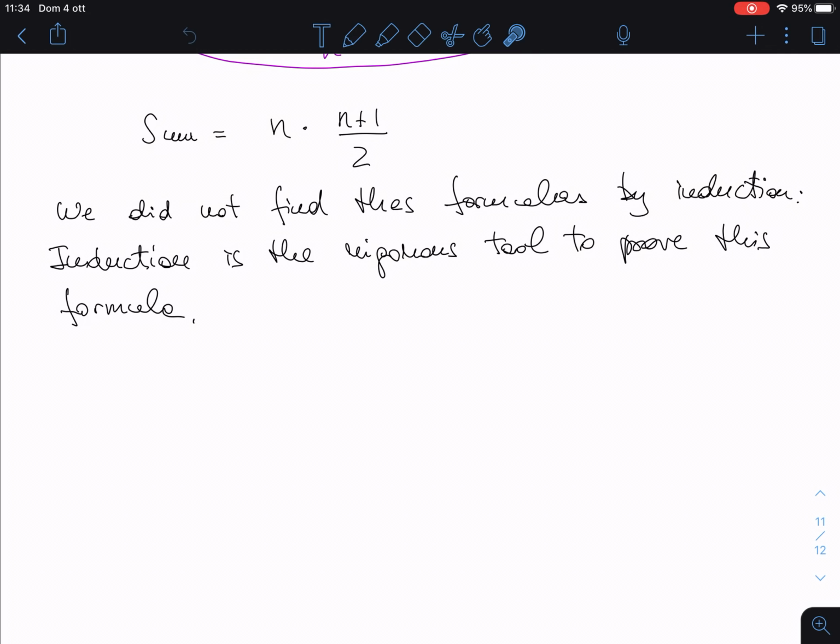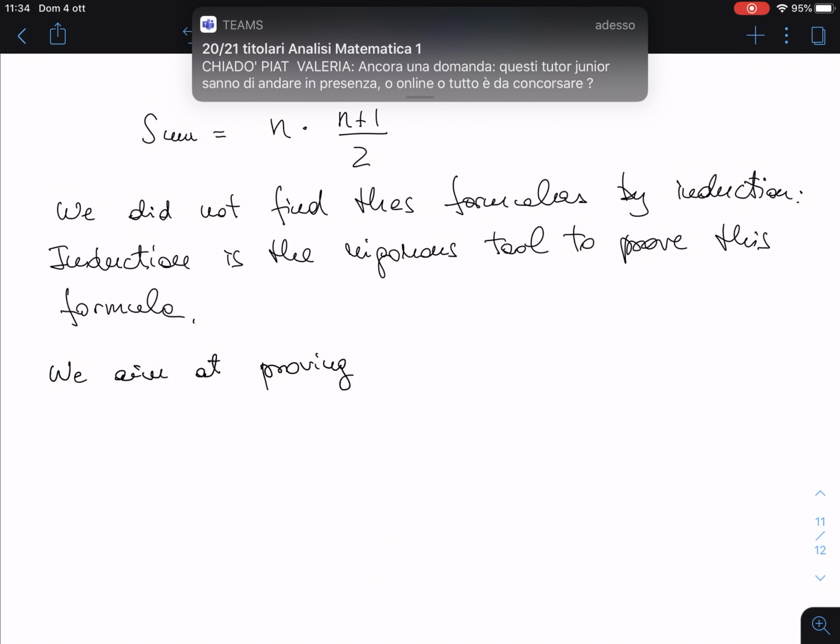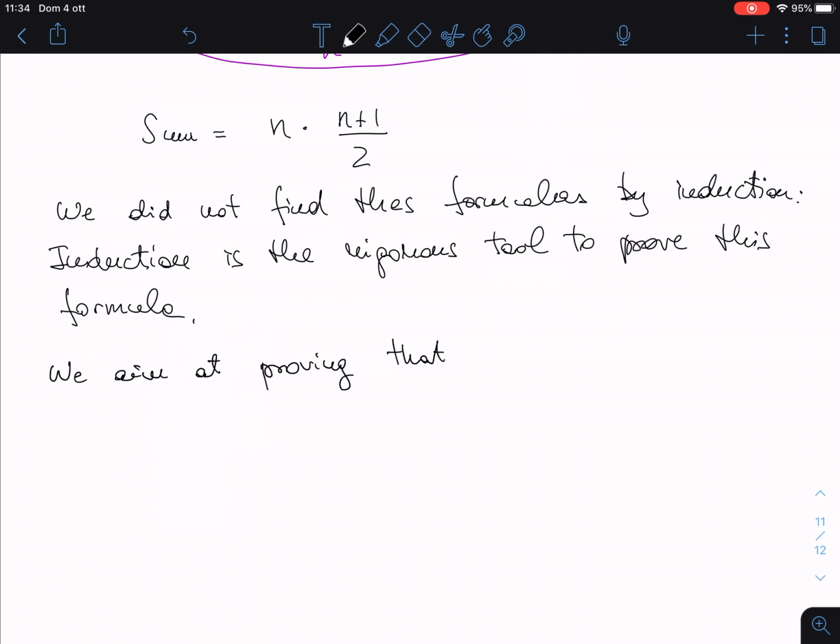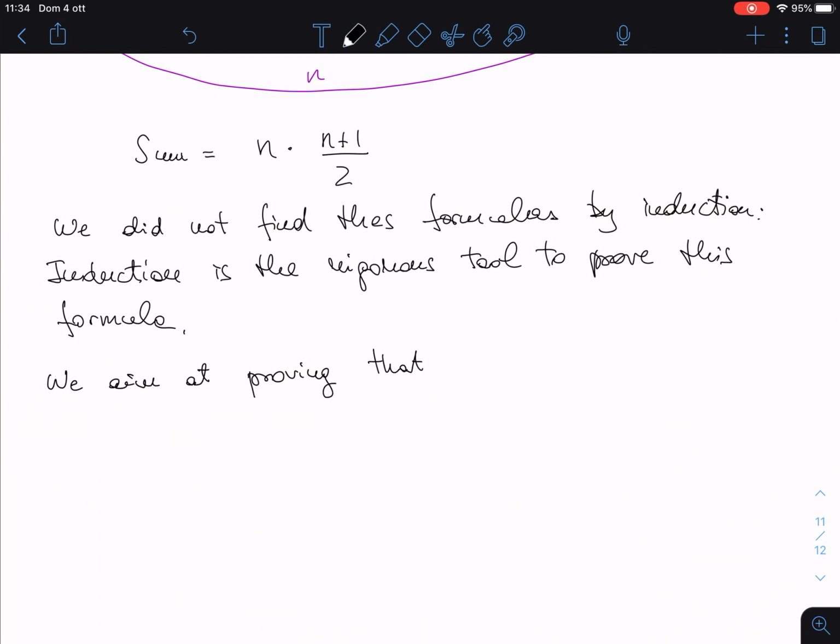The starting point is that we aim at proving that the sum of the first n numbers, 1 plus 2 plus up to n, is equal to n times (n plus 1) over 2 for every natural number n.